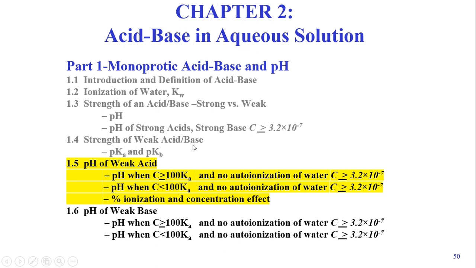The stronger the base, the higher its Kb, and the lower its pKb value would be. Of course, sometimes we see bases in terms of pKa's, and we can do such calculation. Remember, Ka times Kb is Kw, and let's try to remember pKa plus pKb is equal to 14.